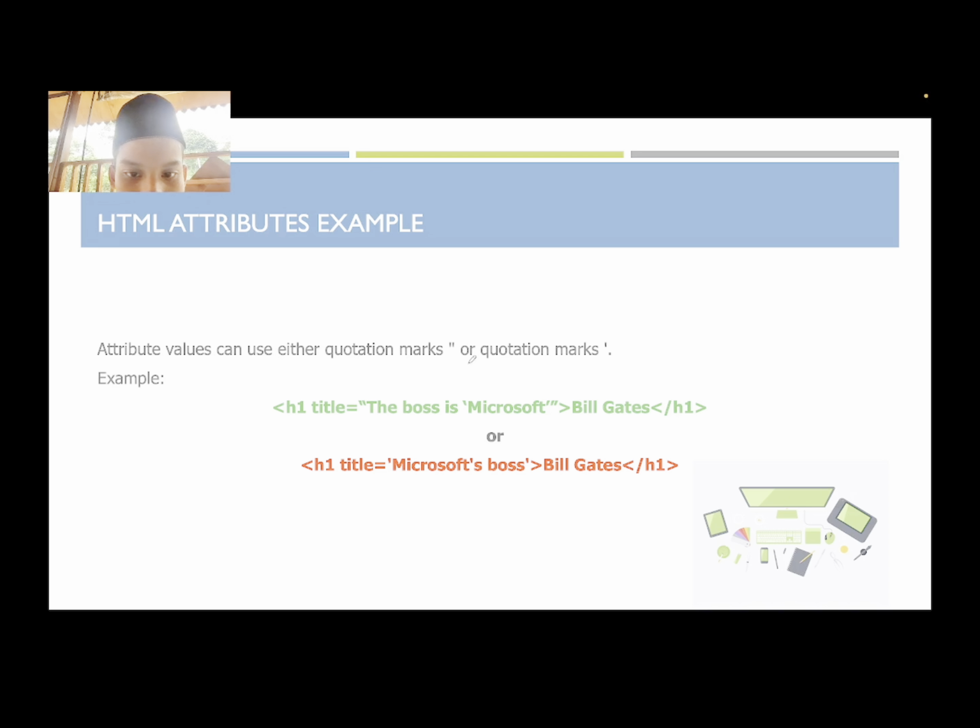Attribute values can use quotation marks, like this. This is the attribute. What I circled is the attribute. Same here, this is an attribute.